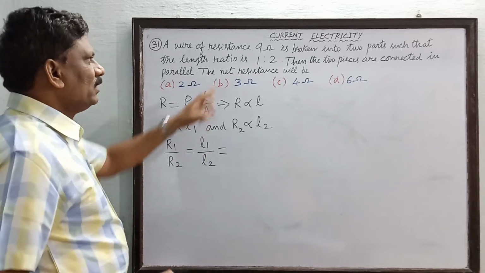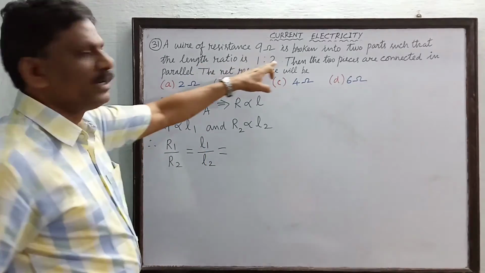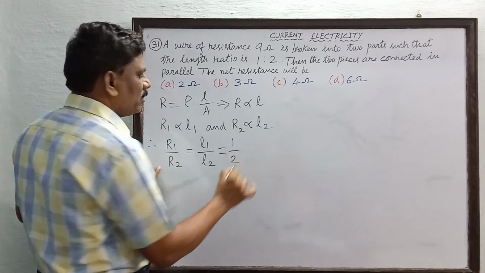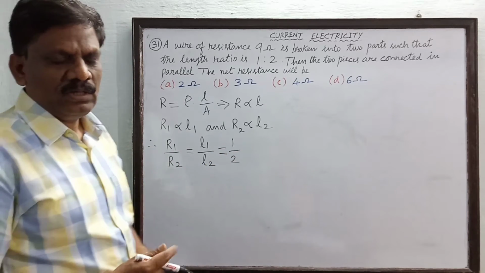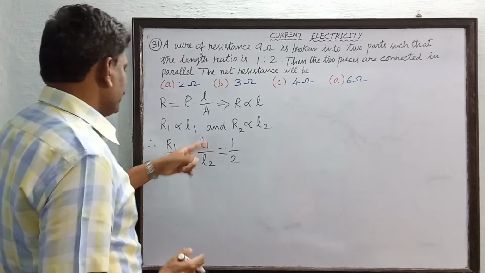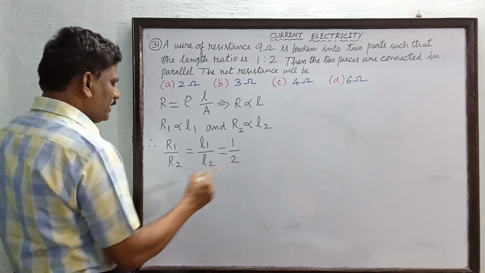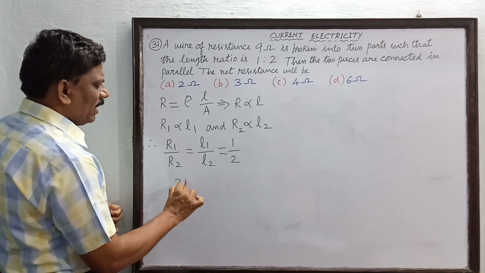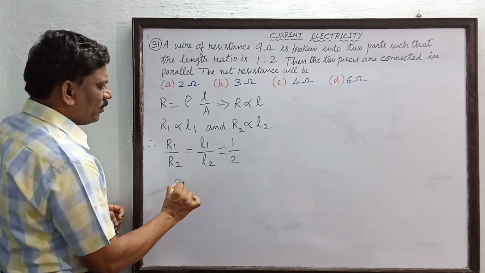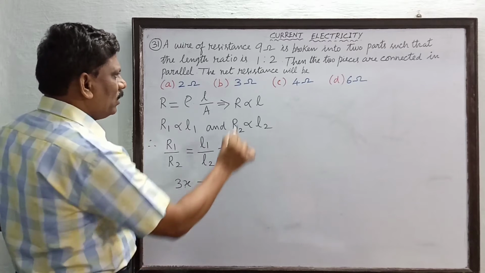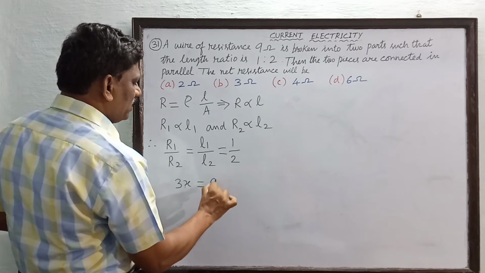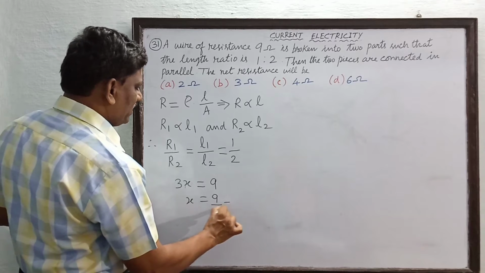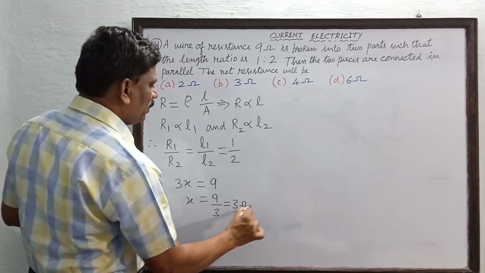So we have been given the length ratio as 1:2. Therefore, the resistance ratio also must be equal to 1:2. So, what is the ratio? Now, 1 plus 2 is 3. So, 3 times x is equal to 9 ohm. Therefore, x is equal to 9 by 3 is equal to 3 ohm.